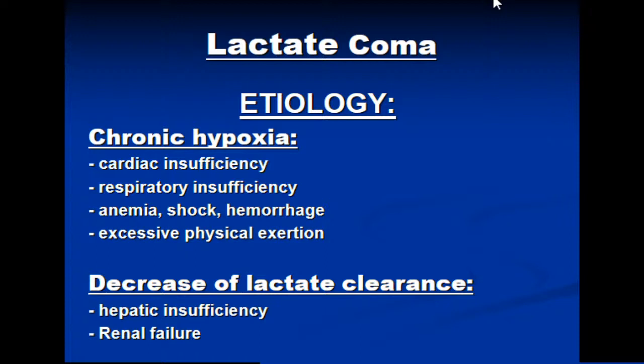Chronic hypoxia may be cardiac insufficiency, respiratory insufficiency, anemia, shock, hemorrhage, excessive physical exertion, decrease of lactate clearance, hepatic insufficiency, liver insufficiency, and renal failure.